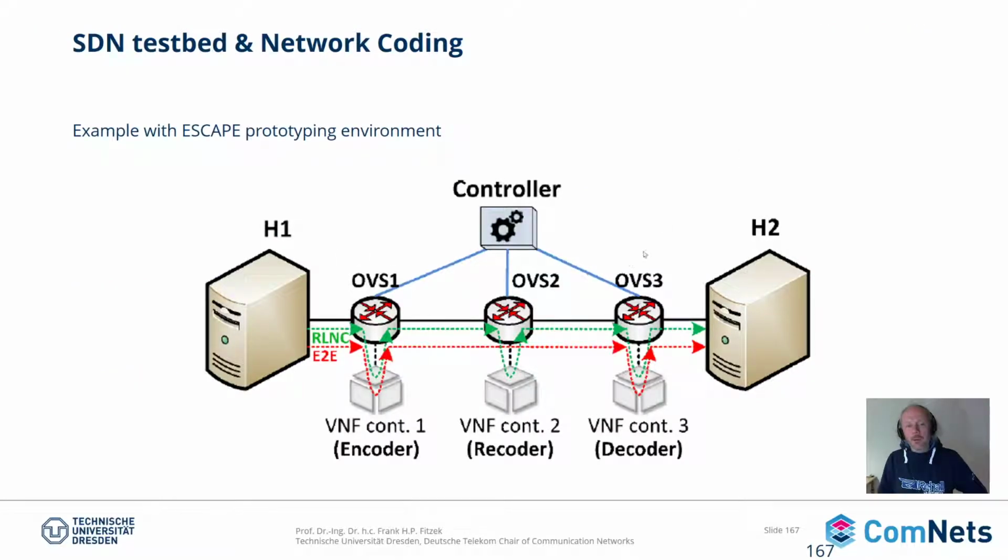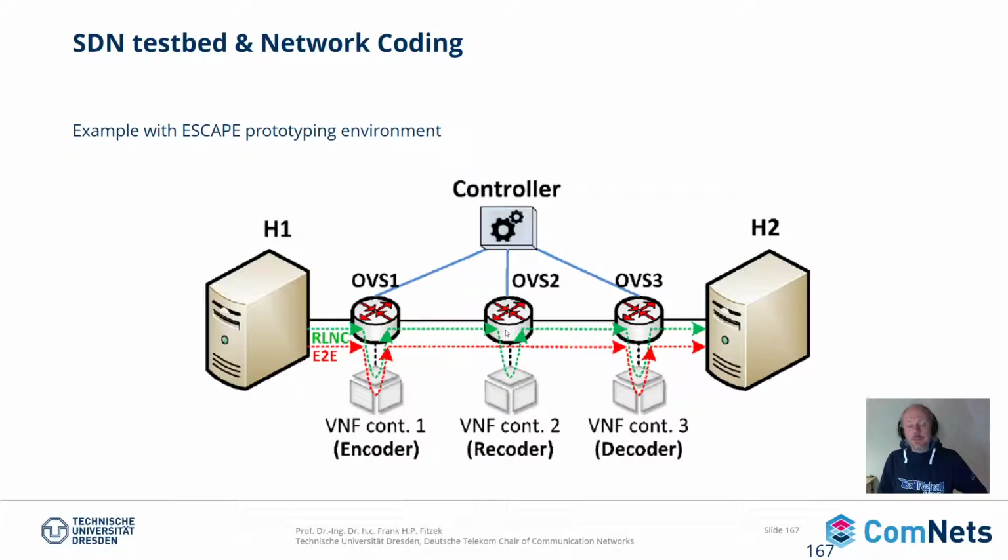We have it implemented in, for example, a virtualized environment where you have one host going over 3 switches. The first switch will get the information, and as we know, the next 2 hops are error prone. What we will do is we will code the information here. Then we will pass it on, and one stream, the green stream here, is recoded, and the red stream is just forwarded, like the internet would do it, store and forward.